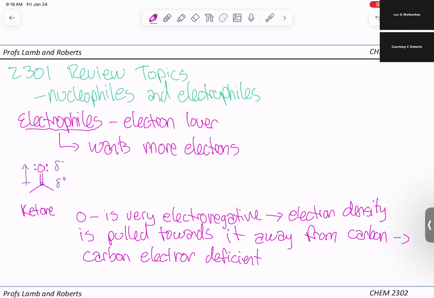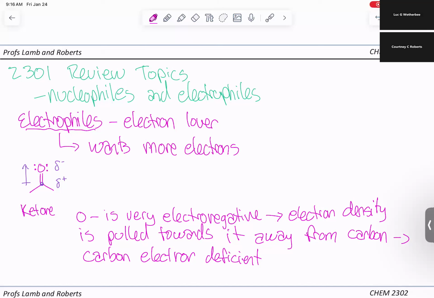It wants more back to it. All right? So we can think about every single organic functional group as part of the periodic trends that we know. We can think about where the electron density lies on each individual atom. And this is going to help us throughout the entire class, all right? So whenever you see a functional group, this is what I want you to think about.